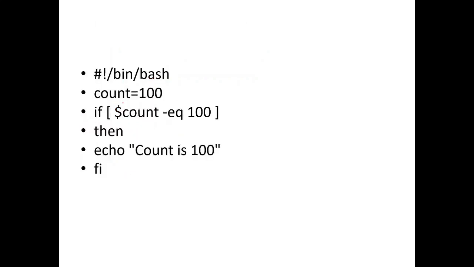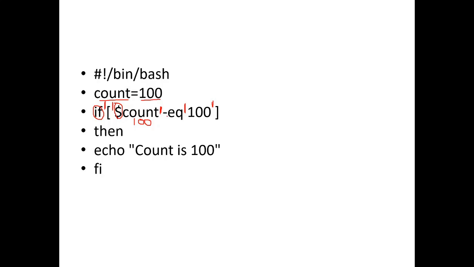See this example. In a variable count, we are storing the value 100, and to access the value, we need to use the $ sign. And see, this is the if condition. There is a space here, include the space, and after the square bracket also a space, and there must also be a space between the operators.